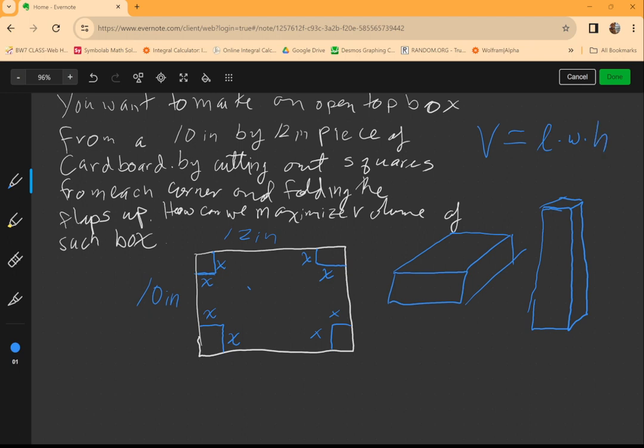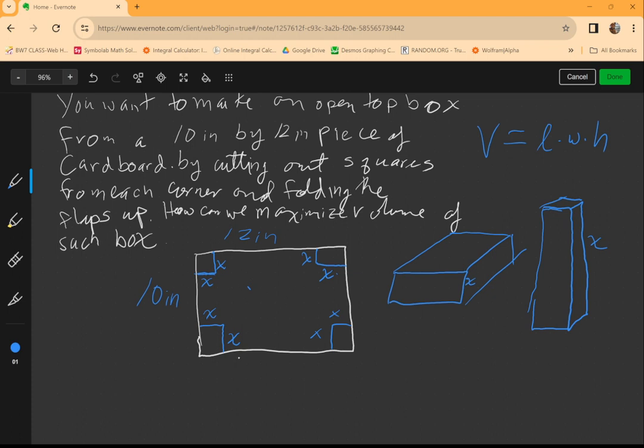If we think of the height as the flaps being folded up, the height will always be whatever this value of x is, because these are the flaps that we fold up. Our length and width is whatever is left over here.